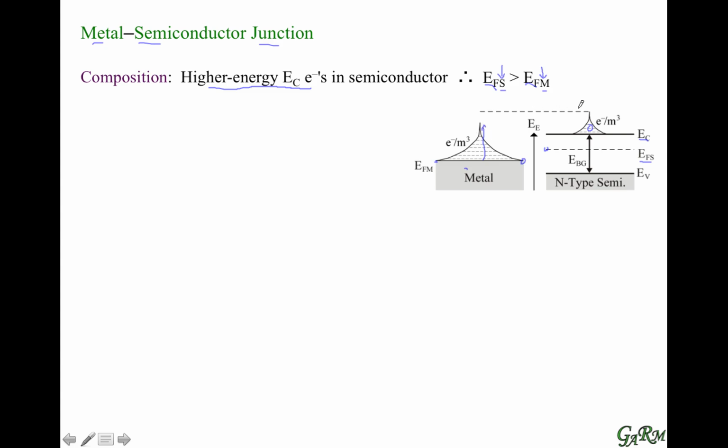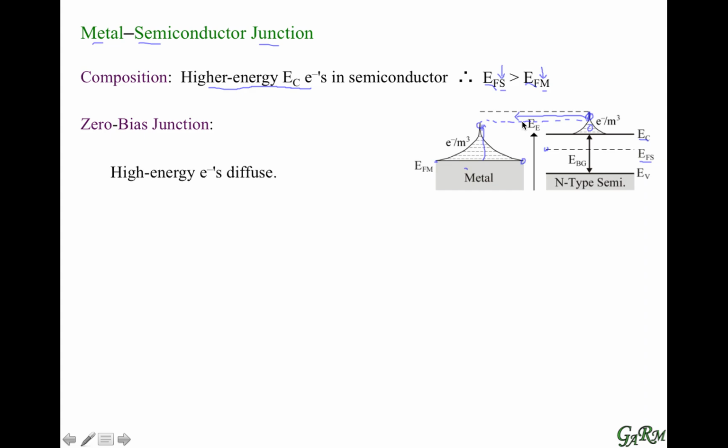What we're saying is that the highest energy electrons in the semiconductor are higher than those in the metal. So when we connect these two pieces together, there's a higher concentration of these very high energy electrons in the N-type material than in the metal. So those electrons are going to diffuse into the metal.